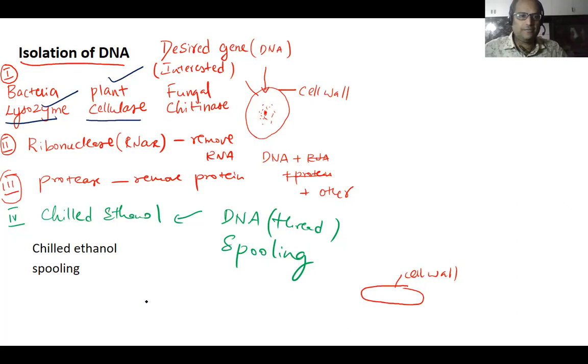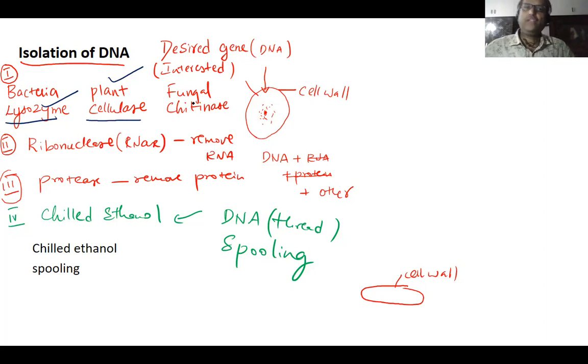In the cell wall of the plant, what is present is cellulose, which is a polysaccharide, whereas in the case of a bacteria, what is present is peptidoglycan. Clear? So peptidoglycan will be broken by lysozyme, and cellulase will break the cell wall of the plant.